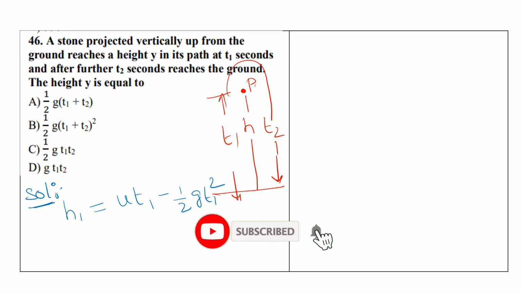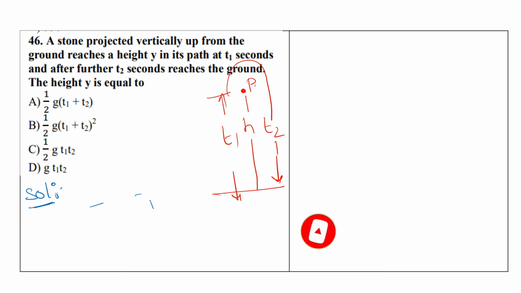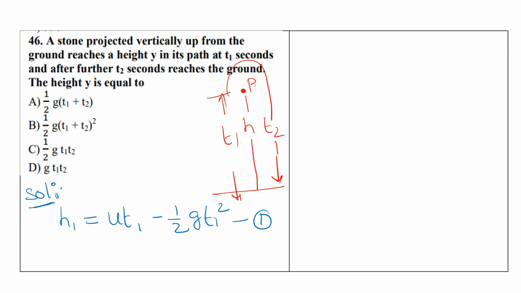Consider this as equation number 1. H1 is equals to u t1 minus half g t1 square. This is equation number 1. And H2 is equals to u t2 minus half g t2 square. This is equation number 2.